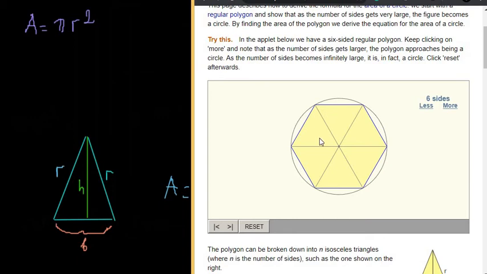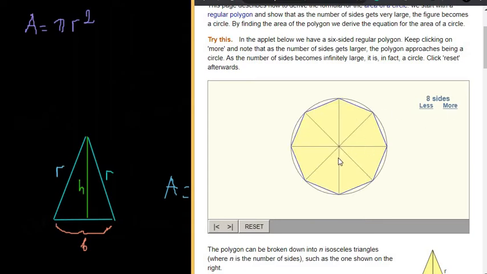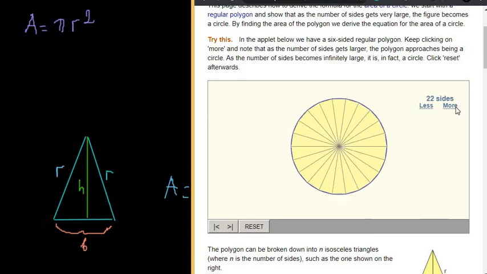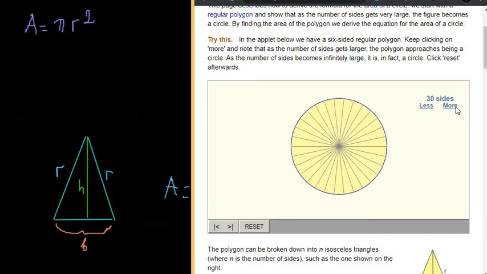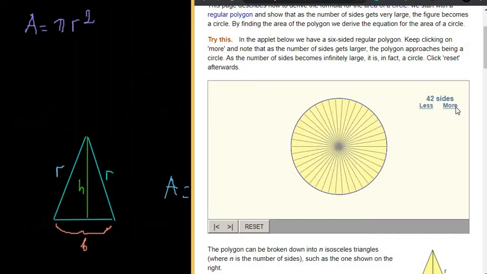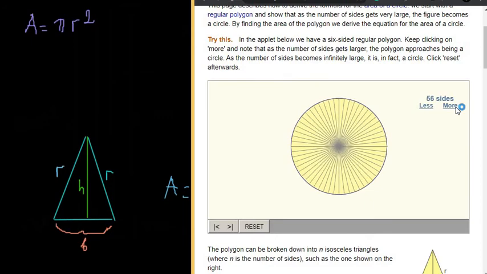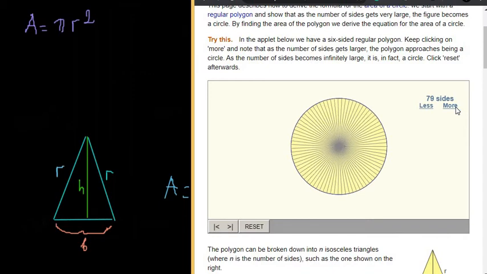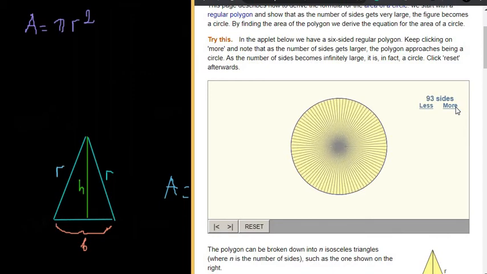Right now there's a six-sided polygon inside the circle, but if we increase the sides of this polygon, as n approaches infinity, it's going to cover the entire internal part of the circle perfectly. As this n goes to infinity, it is going to cover the whole area of the circle.